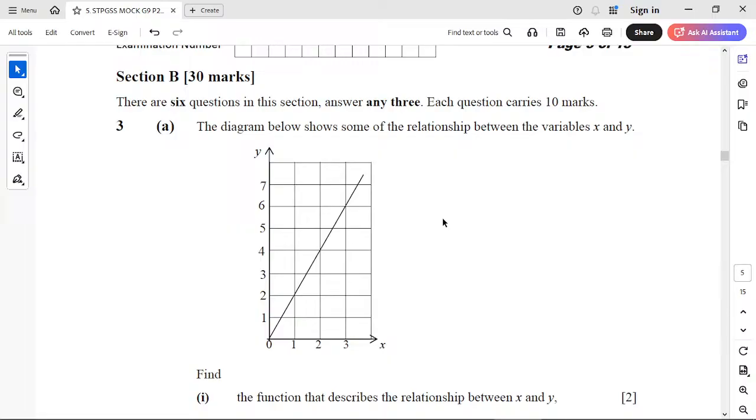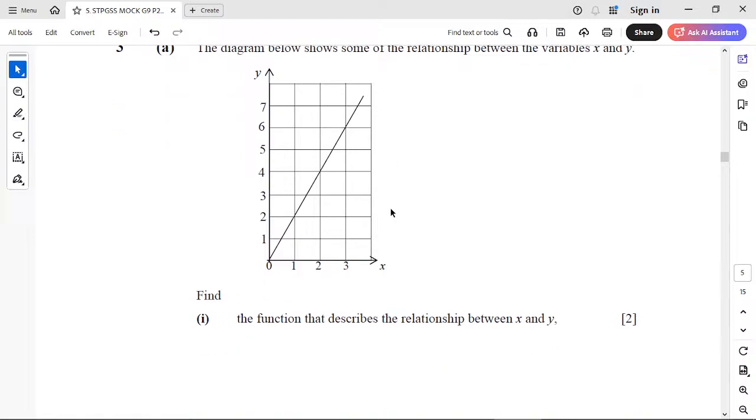Okay, now let's go to question 3A, which is: the diagram below shows some of the relationship between the variables x and y. The first question is to find the function that describes the relationship between x and y.